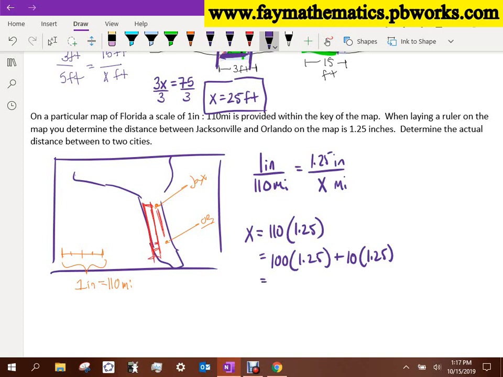If I multiply by 100, how many decimal places do I need to move? I just need to move 2 to the right, correct? So that's going to give me 125. If I multiply something by 10, how far do I need to move the decimal place? Just once, right? So it gives me 12.5. Can I add those together and get 137.5?